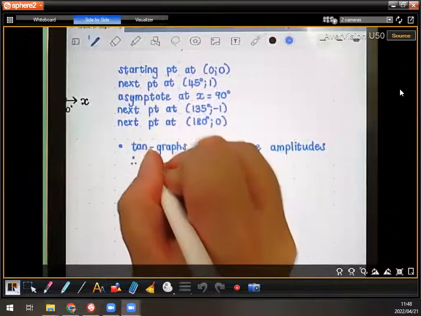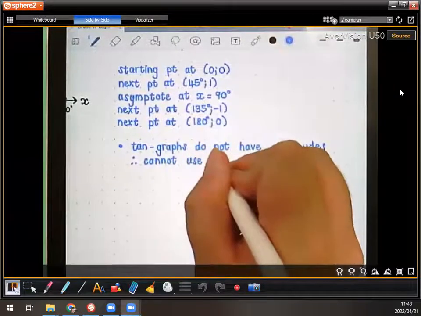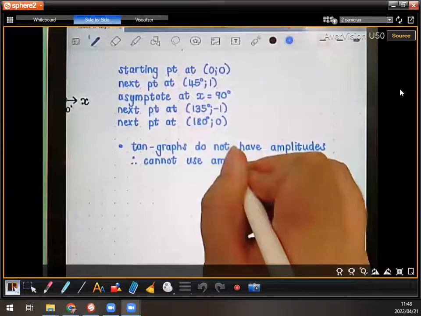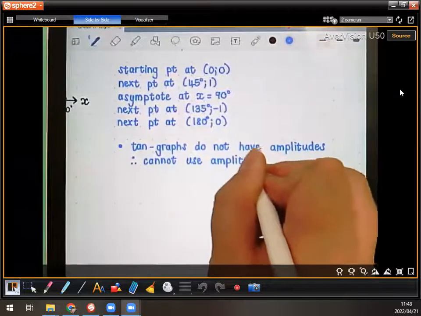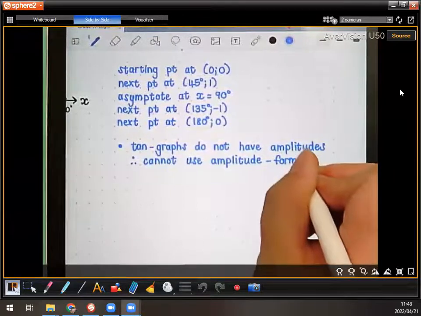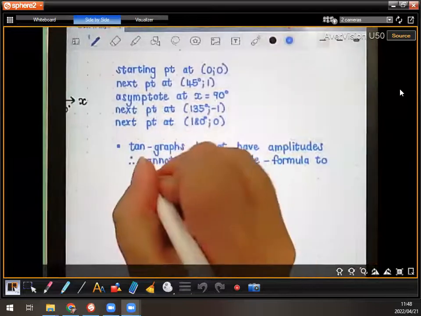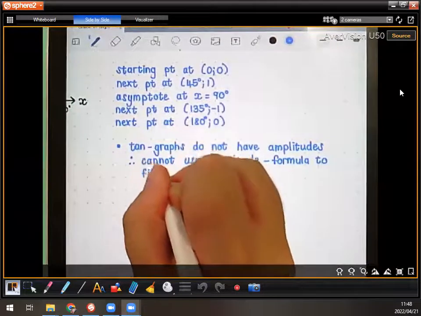Therefore, cannot use amplitude formula to find A.